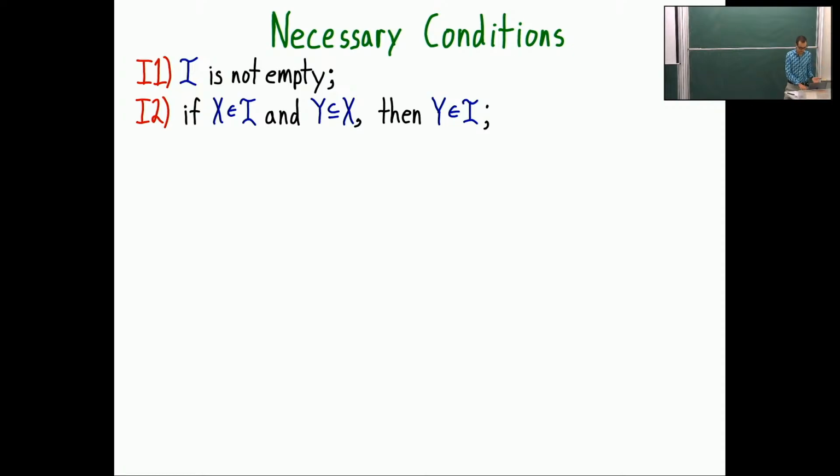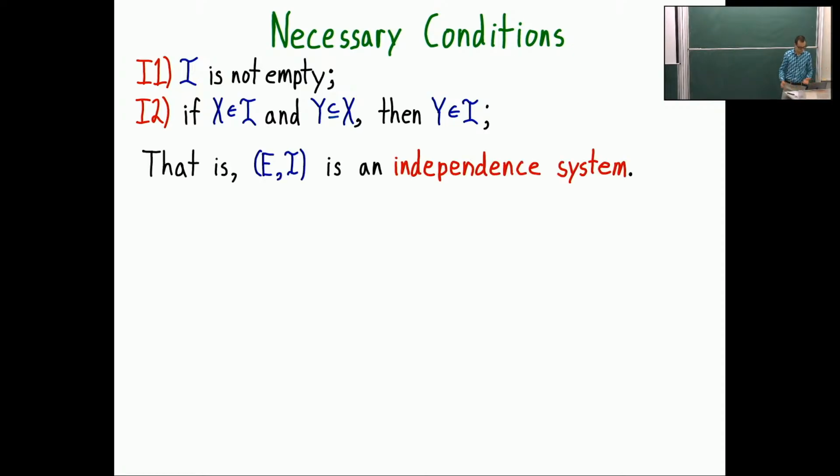These are natural conditions, and in fact, when this is the case, the pair (E, I) is called an independent system, also a general simplicial complex. But these aren't sufficient.